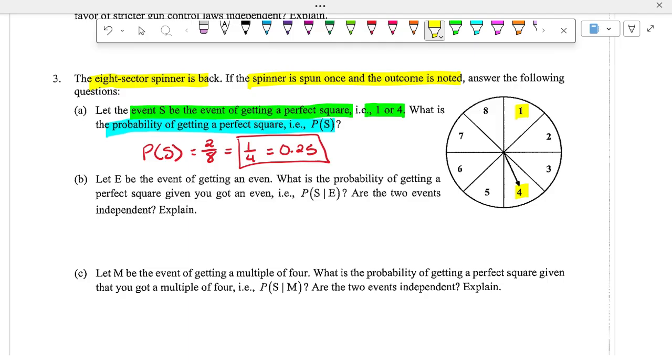And remember, B is your given. So an easy way to remember that formula is the probability of both over the probability of the given. Okay? But that's kind of how you would write it out in legal terms.